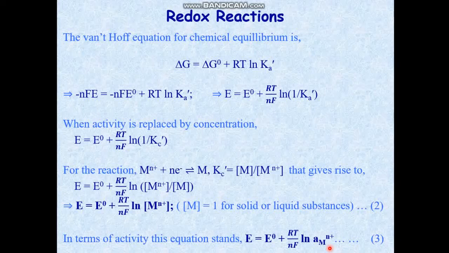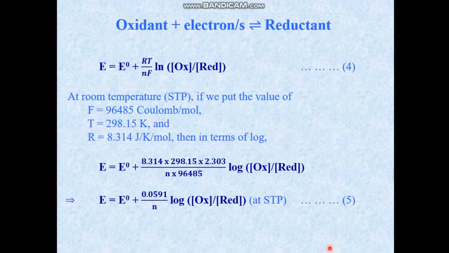And also the Nernst equation can be written in terms of the concentration of the oxidant as well as the concentration of the reductant. We are showing you how. Look, here oxidant plus electron or electrons equal to the reductant. So this is the reaction presentation.